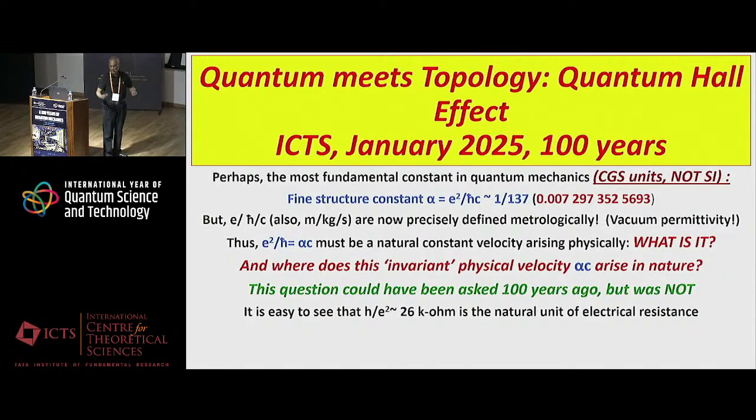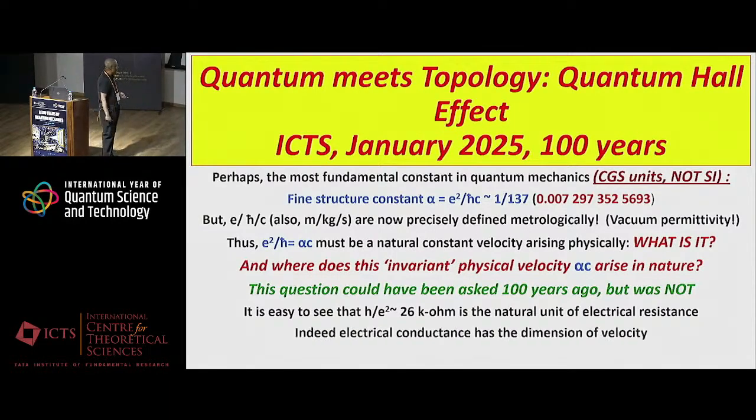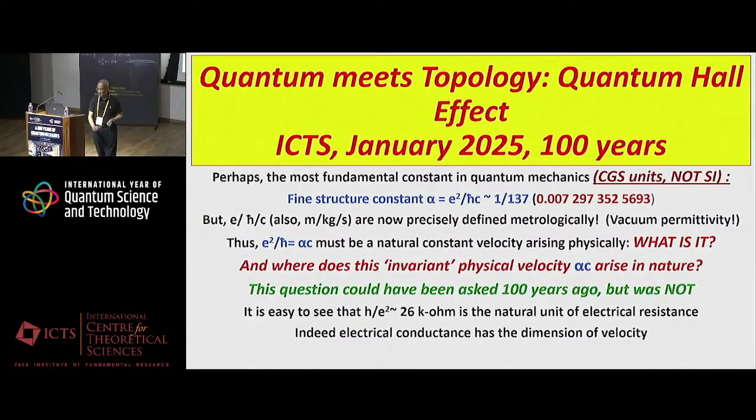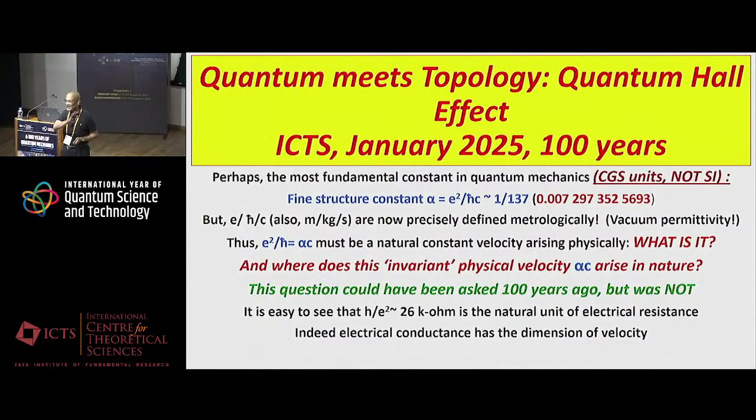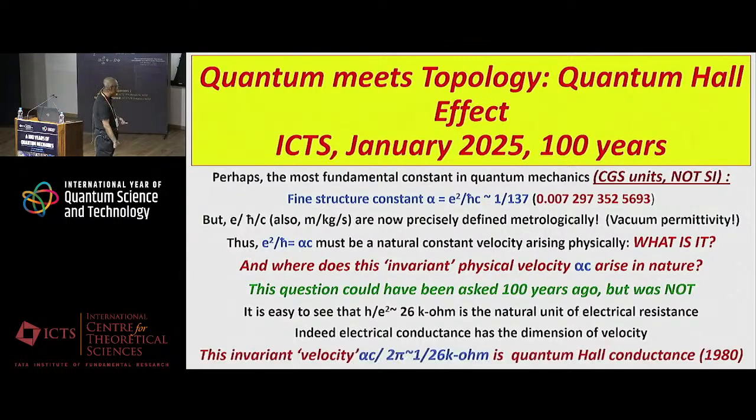Now, by the way, in case you did not know this, electrical conductance has exactly the dimension of velocity in CGS units. Again, no SI units, okay? Because the SI unit predates CGS in some sense. Originally it was thought that electricity doesn't fall under the paradigm of length, mass, and time, but we know that's not true. This invariant velocity, alpha c over 2 pi, 1 over 26 kilo ohm, is the quantum Hall conductance, okay?